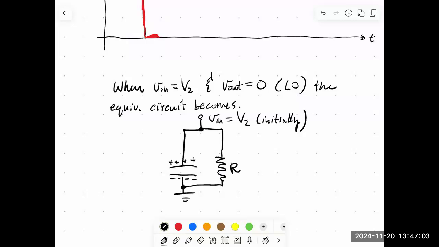What's going to happen in this case? What's the capacitor going to do? What's going to happen to the charge on this capacitor? It'll discharge. It'll discharge through this resistor. Exactly.